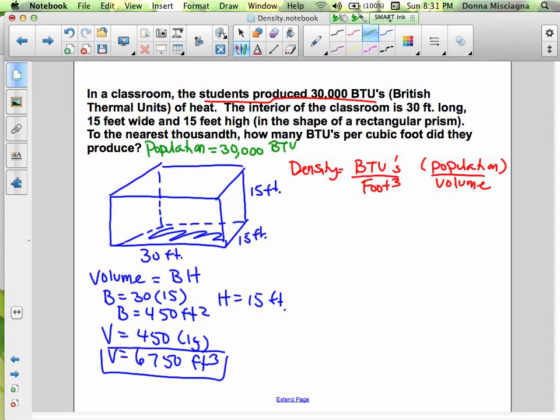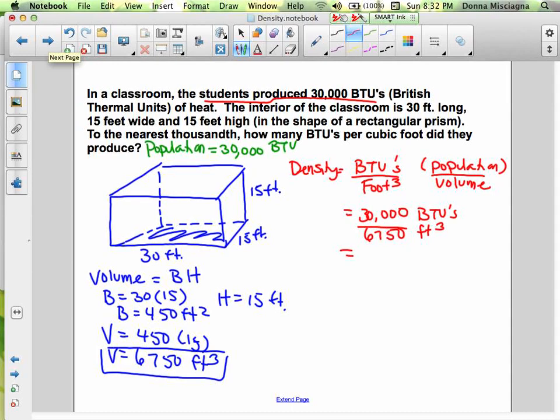So to find the density, we're going to take the population, which is the BTUs, and divide it by the volume of the room, which is 6,750, and I should put the units of measure. You always want to put your units of measure, not even just at the end, but all the way through, and that way you won't have to worry about forgetting them.